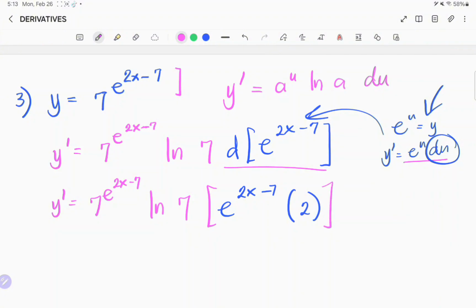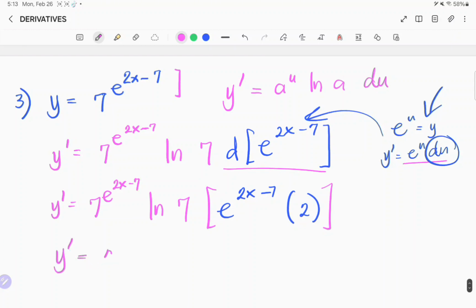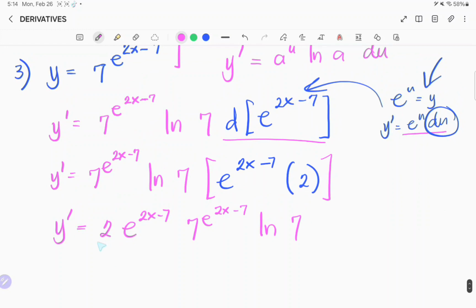Then we have to simplify this and write it in the form where the reader could not be confused. We now have y prime equal to 2 times e raised to 2x minus 7 times 7 raised to e raised to 2x minus 7 ln 7. And by properties of logarithm, we can use 2 as the exponent of 7 inside the ln.